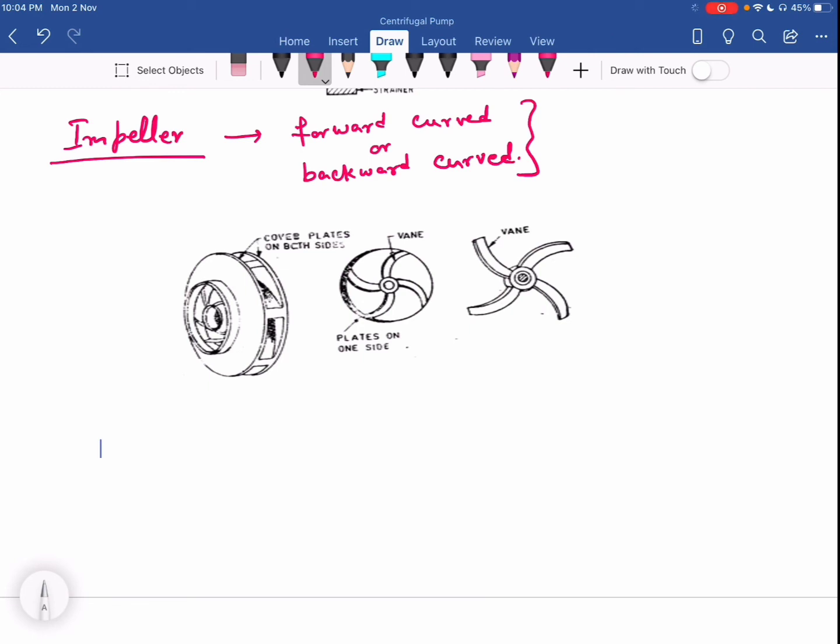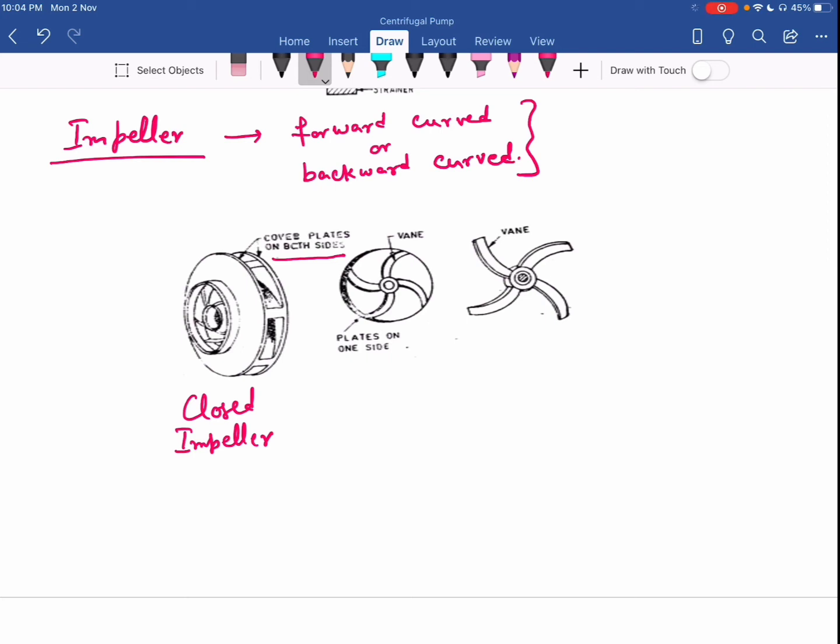The first one is the closed impeller. When the vanes of the impeller are covered with plates from both the sides, that we call closed impeller.